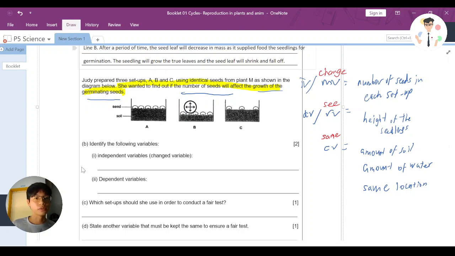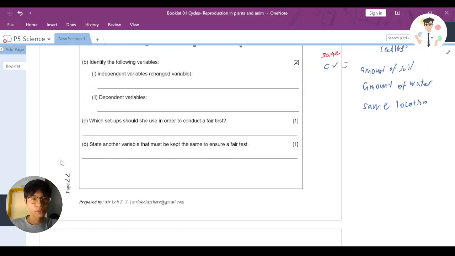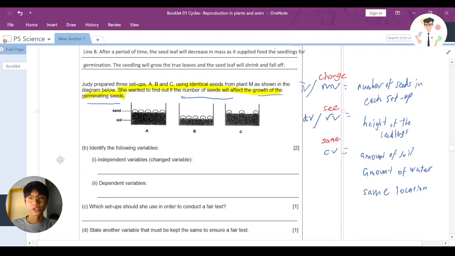Our independent variable is the number of seeds in each setup. So what is our dependent variable? The height of the seedlings.